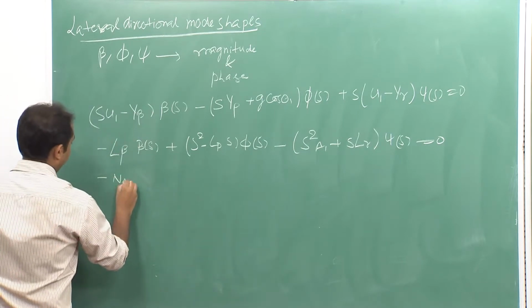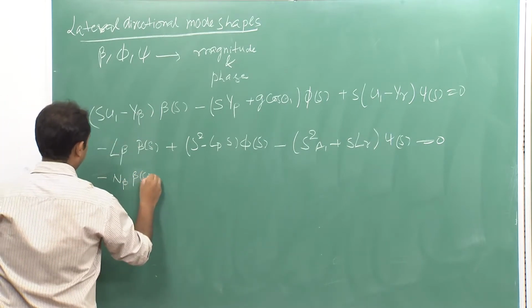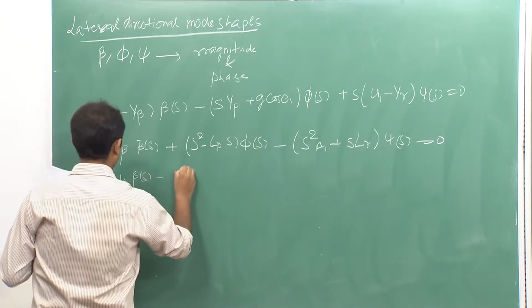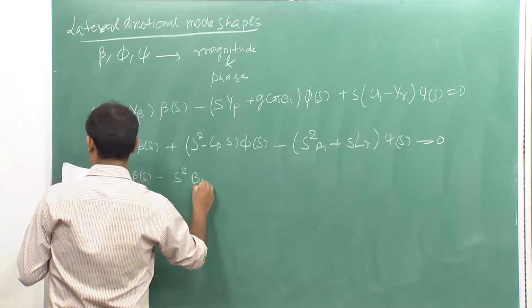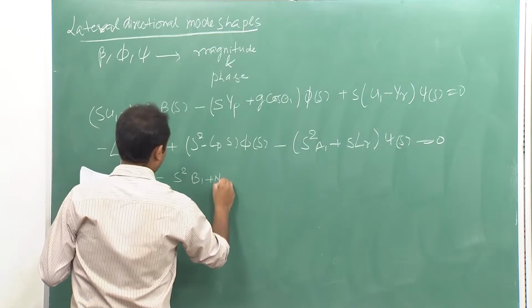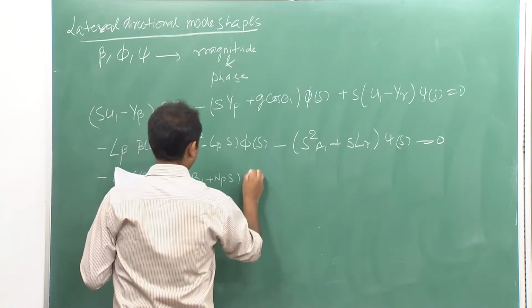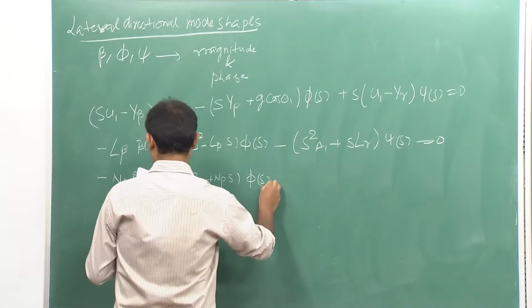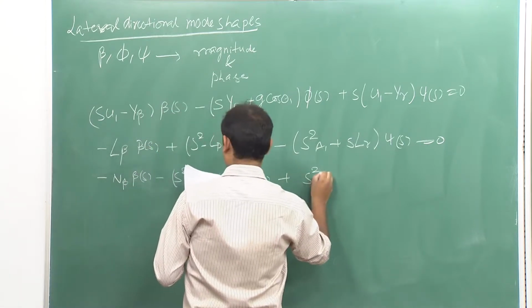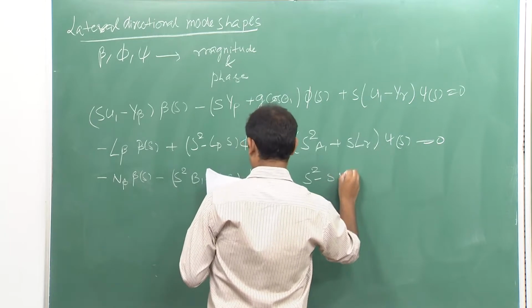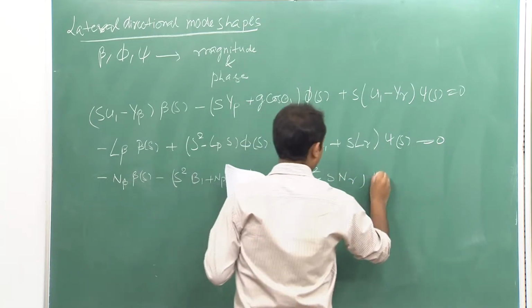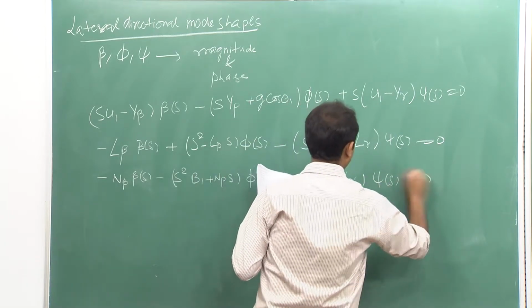Minus N beta into beta of s minus (s square B1 plus N p s) into phi of s, plus (s square minus s N r) into psi of s equals 0.